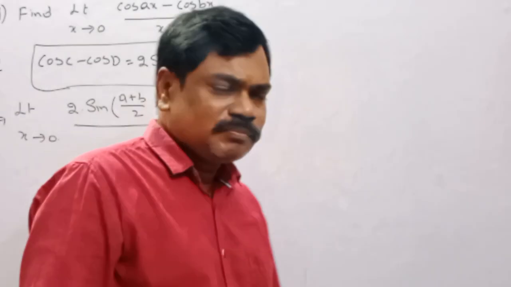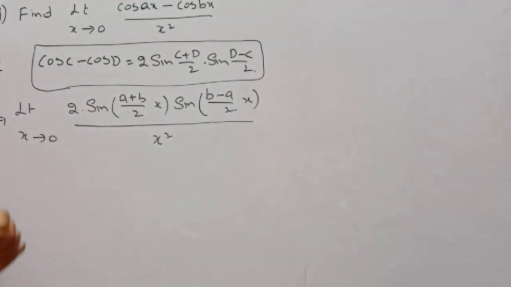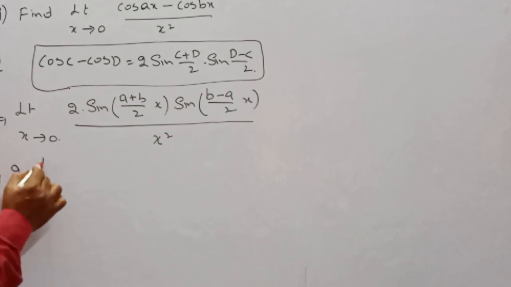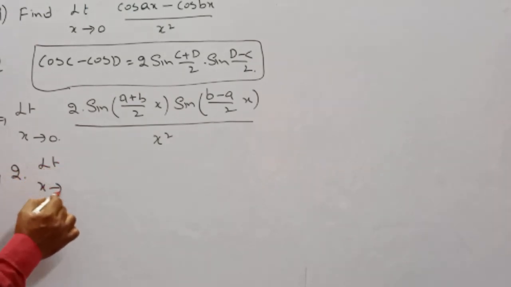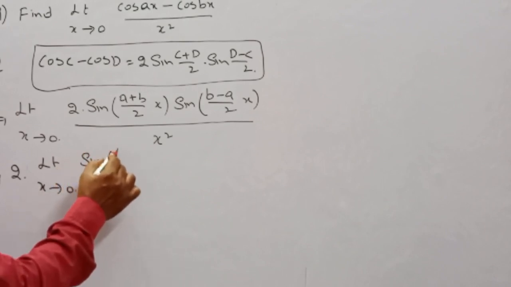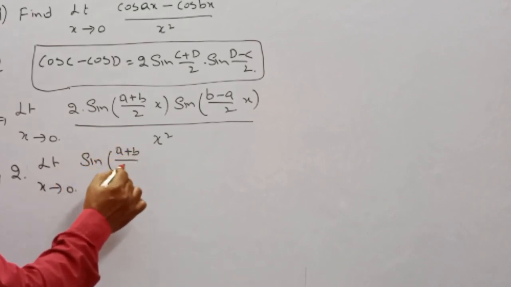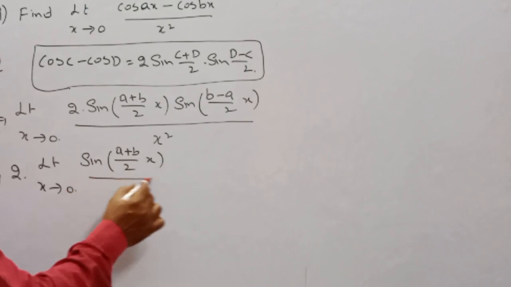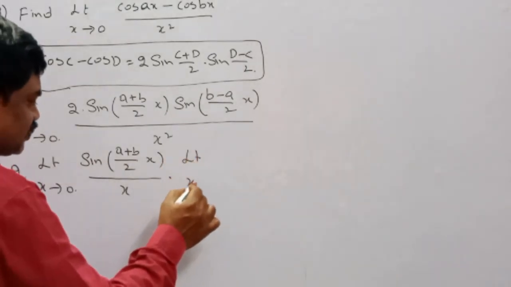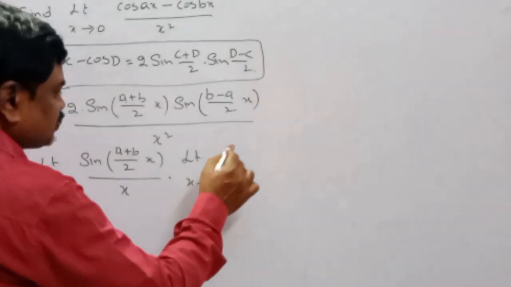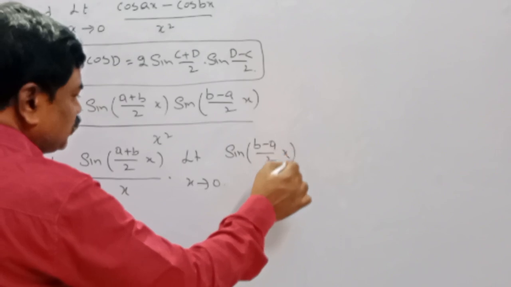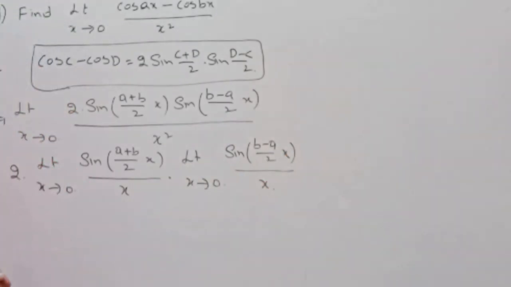Okay, all of you. So here 2 is the constant, 2 common, limit x tends to 0. This can be written as sine of (a plus b) by 2 into x by x, into limit x tends to 0 sine of (b minus a) by 2 into x by x.